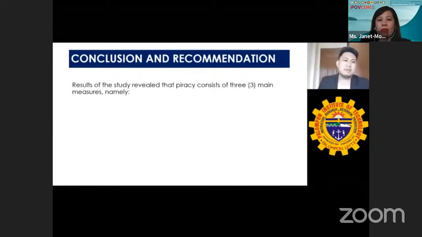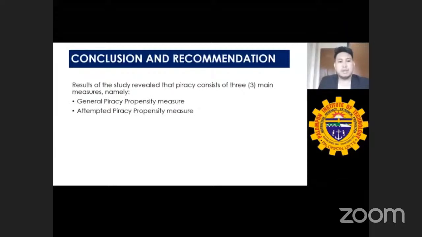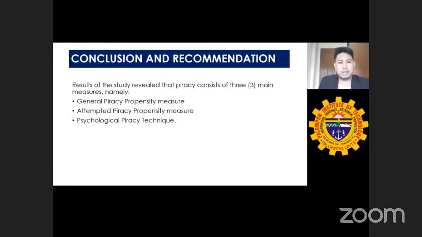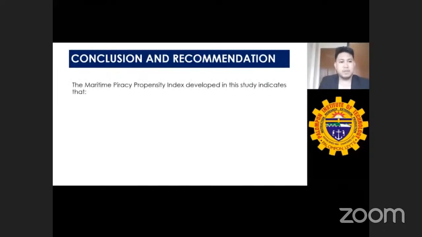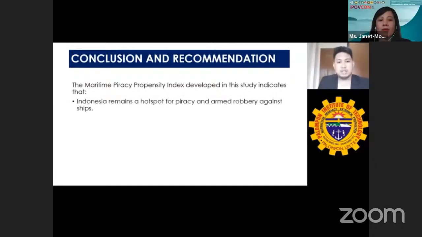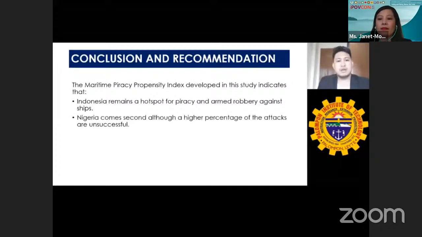Conclusion and recommendations. Results of the study revealed that piracy consists of 3 main measures, namely general piracy propensity measure, attempted piracy propensity measure, and psychological piracy technique. The Maritime Piracy Propensity Index developed in this study indicates that Indonesia remains a hotspot for piracy and armed robbery against ships.